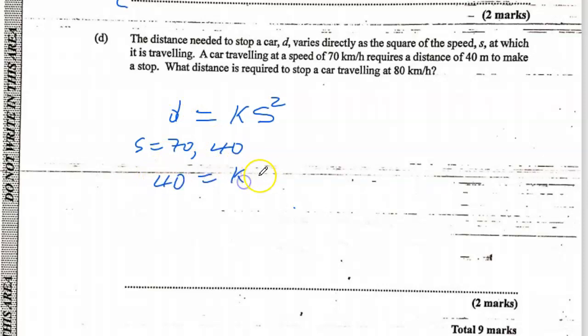k times s squared, s is 70, so k times 70 squared. So 40 equals k times, now what's 70 squared? 70 times 70, that's 4900. So 4900k. We divide both sides by 4900.